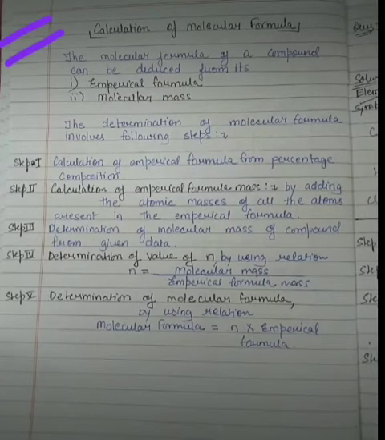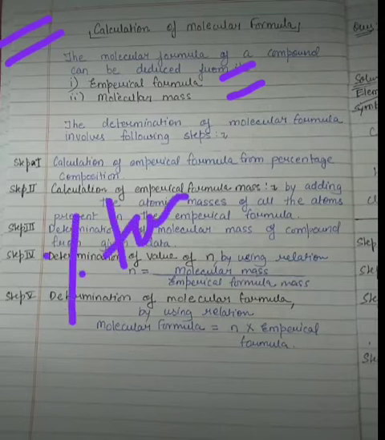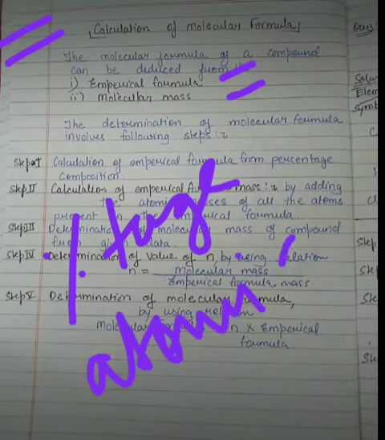For the calculation of molecular formula we basically have to know two things: the empirical formula and the molecular mass of the compound. Earlier, when we were calculating empirical formula, the two things required were the percentage composition of different elements and the atomic mass of the elements.